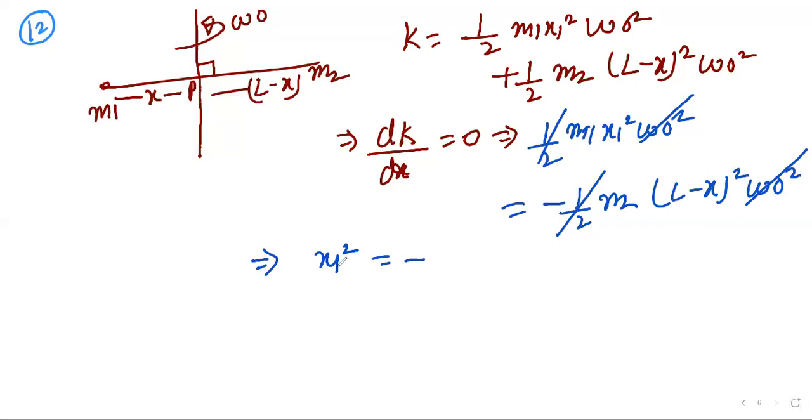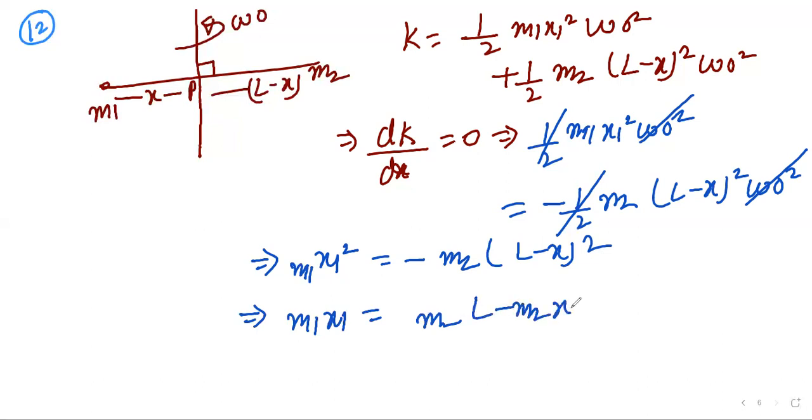So you are getting M1 x1 square is equal to minus M2 L minus x square, right? Taking the square root on both sides, the square part is removed. So it will become M1 x1 equal to M2 L minus M2 x.